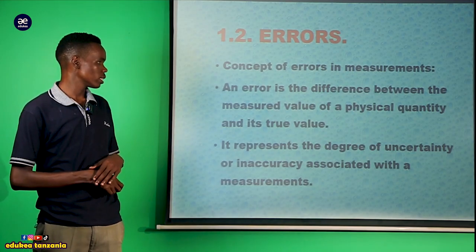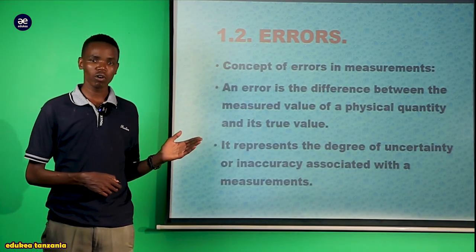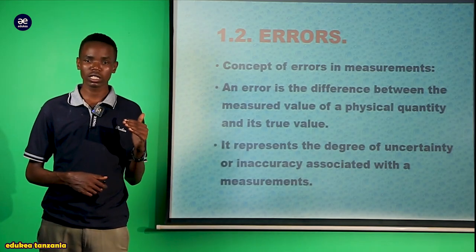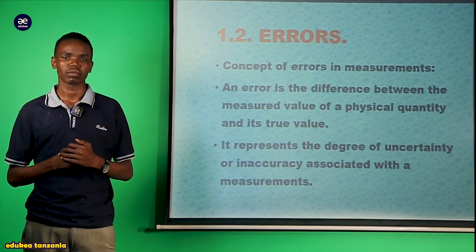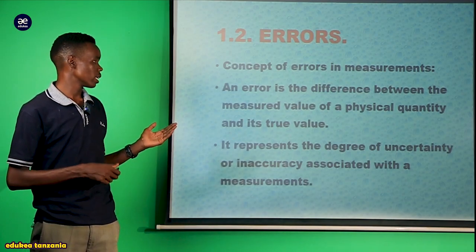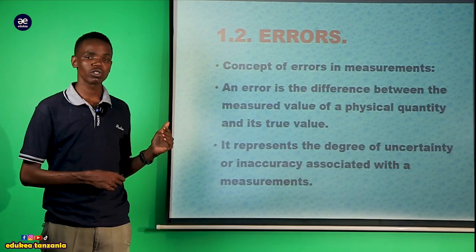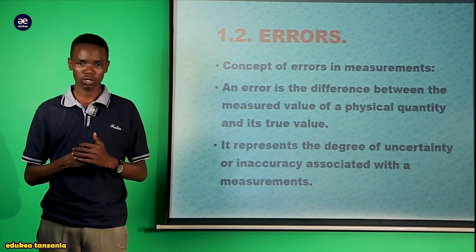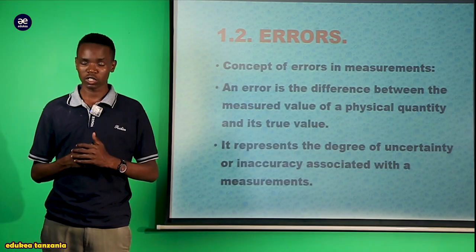So my dear student, even here you can see our definition. First of all, we see the concept of errors in measurements. An error is the difference between the measured value and the true value of the physical quantities.